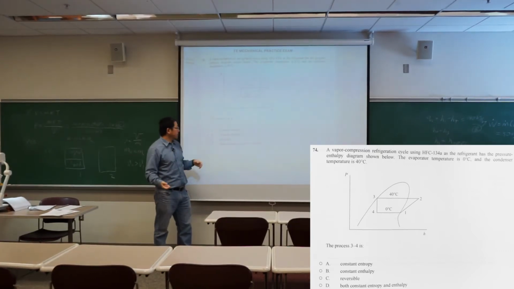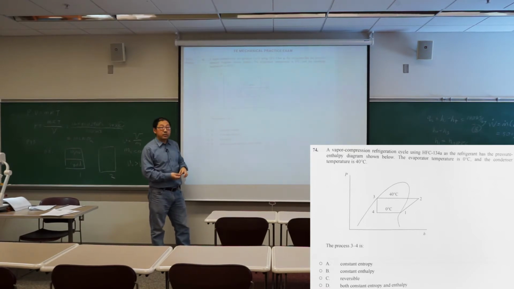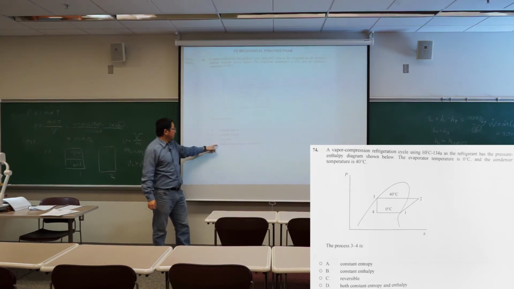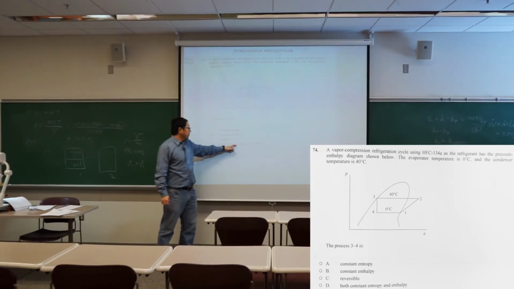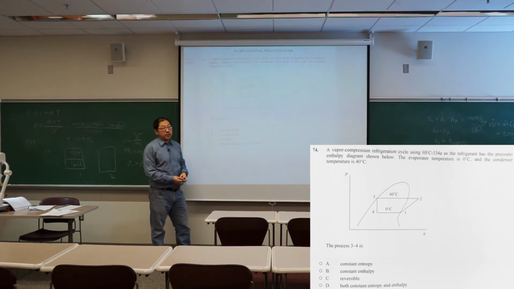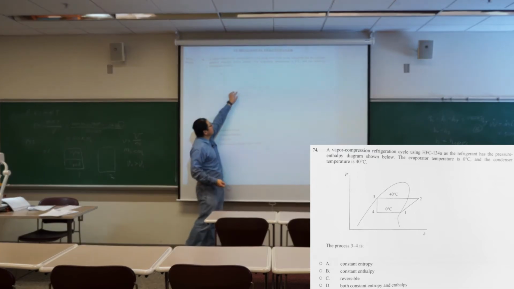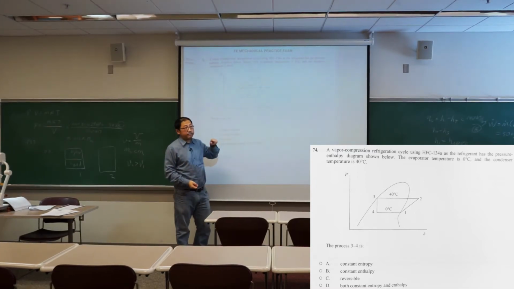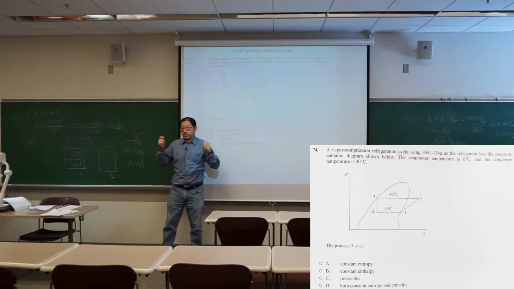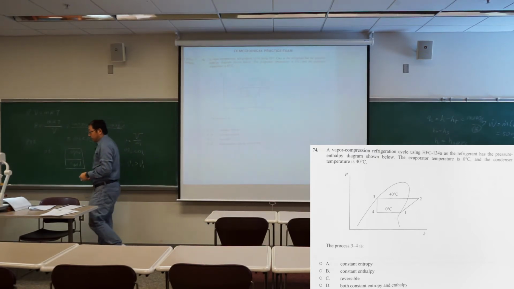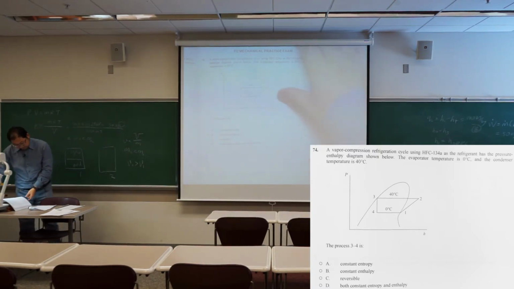So this one is very straightforward. Definitely not D. There's no way you can have constant entropy and constant enthalpy. If these two are all the same, then 3 and 4 will be one state. Definitely not same entropy.